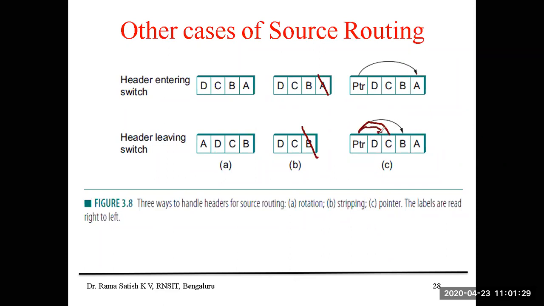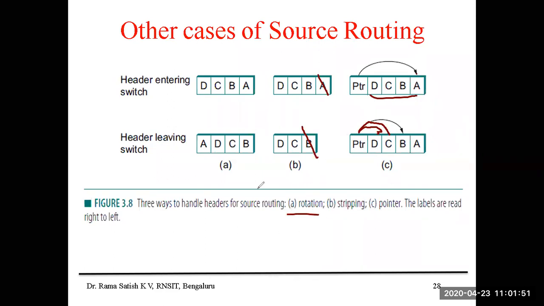And finally, the last one will be pointing to D. So like this, every time it moves. These are the various switching ports, and these ports will be pointed to by a special pointer. So there are three ways.